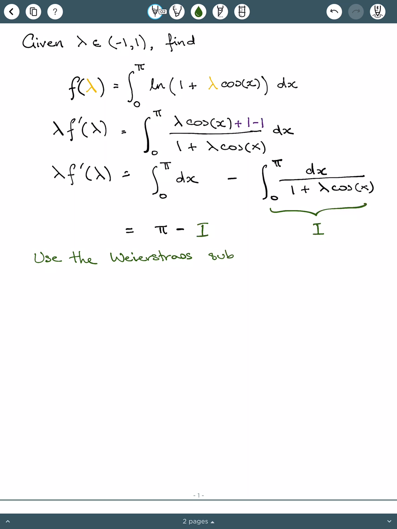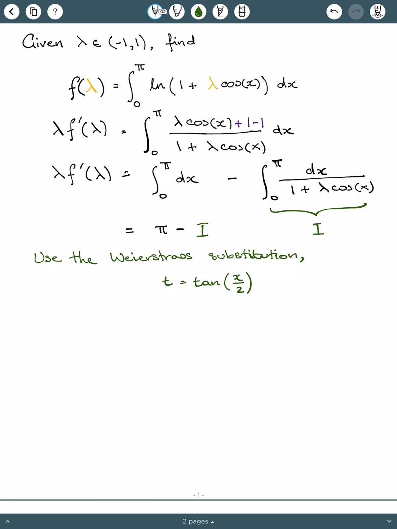Okay, this is what you use for rational functions of trig functions. Okay, this is a little bit of a strange substitution if you haven't seen it before. t is tan of x on 2.